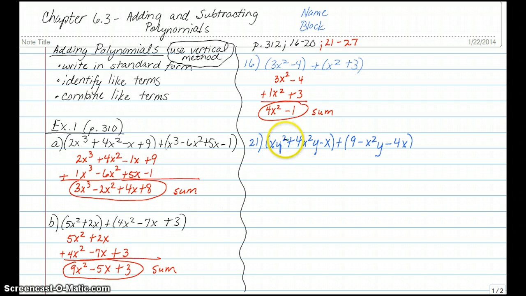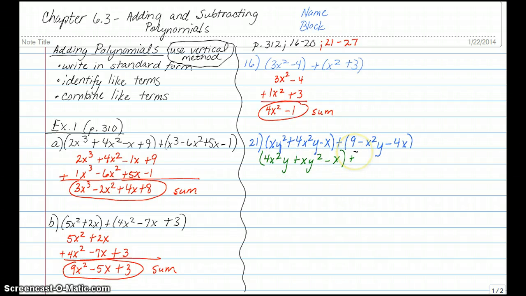So you have xy, which is in alphabetical order. But here you have xy squared, and here you have x squared y. So to put these in standard form, let's go ahead and do that in a different color. Let's use green. It would be 4x squared y, and then it'll be plus xy squared, and then minus x.